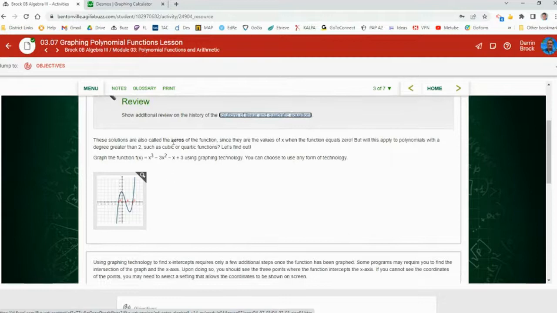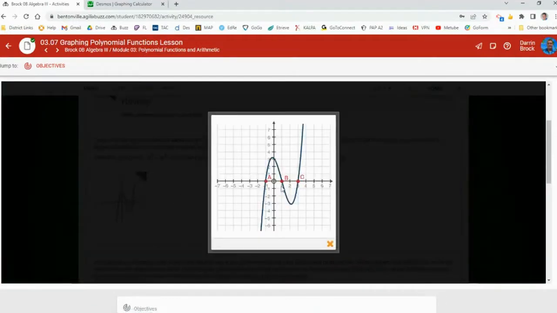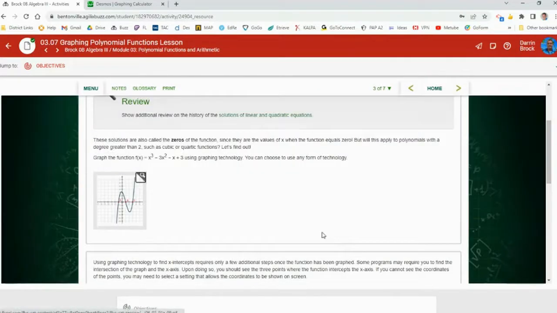Solutions are called the zeros of the function because that's when it actually equals 0. That's when y equals 0. So these are called zeros of the function or solutions of the function, or also x-intercepts of the function. This will apply to all polynomials of a greater degree than 2, like cubic or quartic functions.